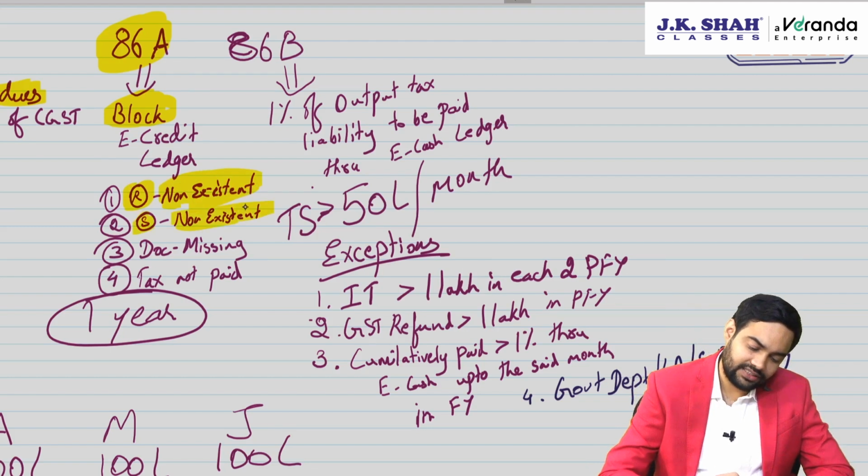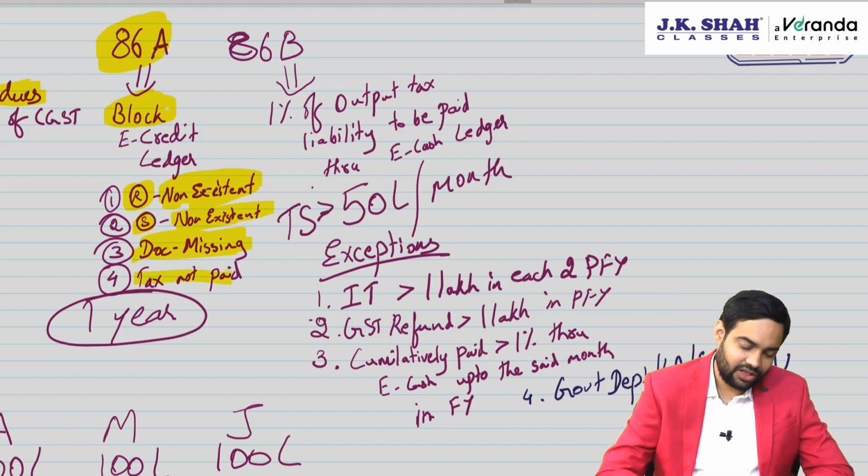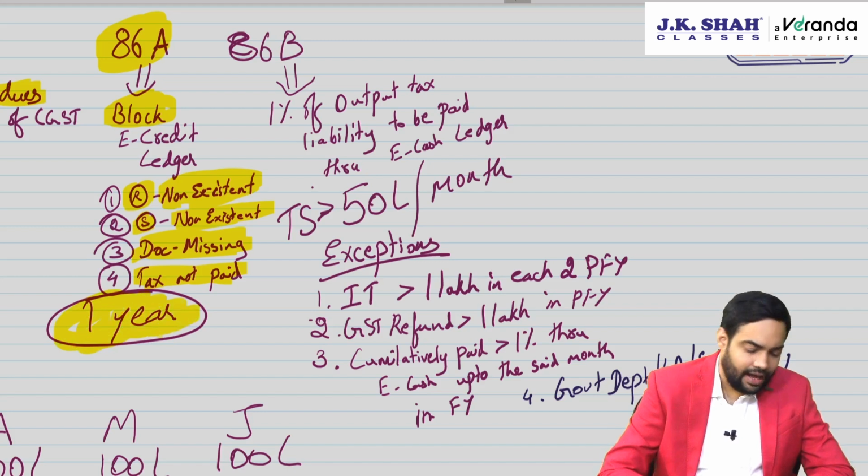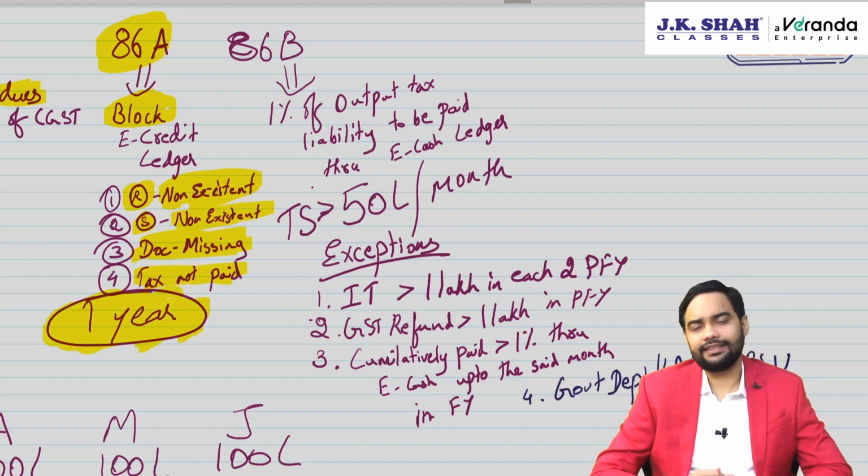Supplier is non-existent, same case. Document is missing, the document itself is not there, simply fake ITC is being taken, or tax is not paid by the supplier. Now, the maximum period for blocking is 1 year, and if you are able to prove in between that there is no case of fraud, then the officer can unblock it.